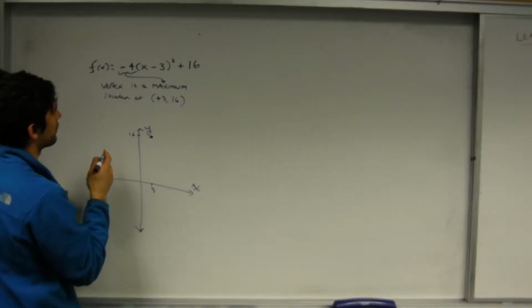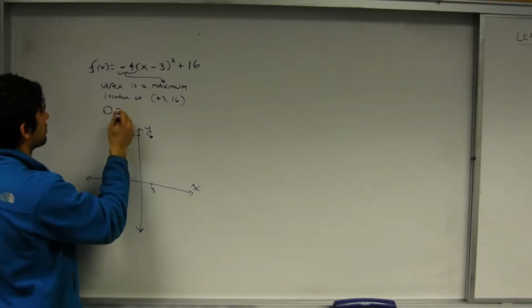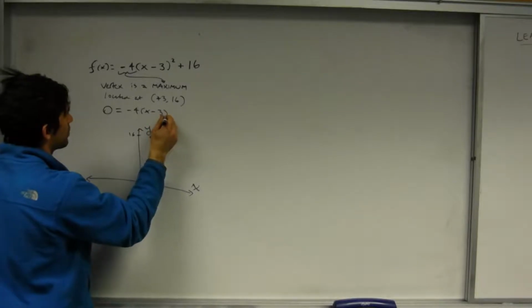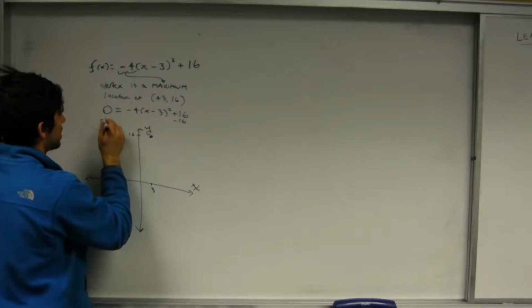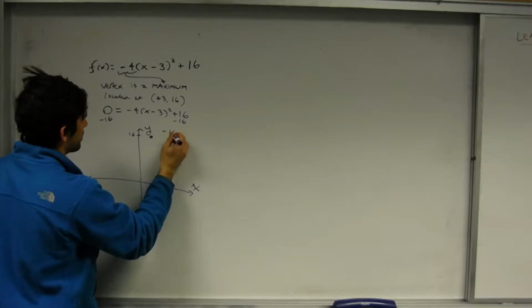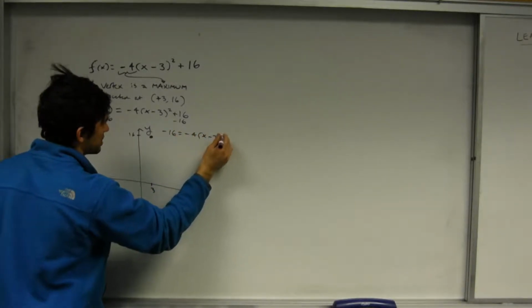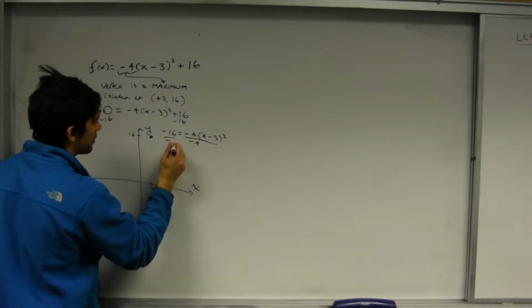Now if we want to find the x-intercepts, we're going to set the function equal to 0. I'm going to subtract 16 from each side, and we're going to get negative 16 is equal to negative 4 times (x minus 3) squared. Then I'm going to divide each side by negative 4.